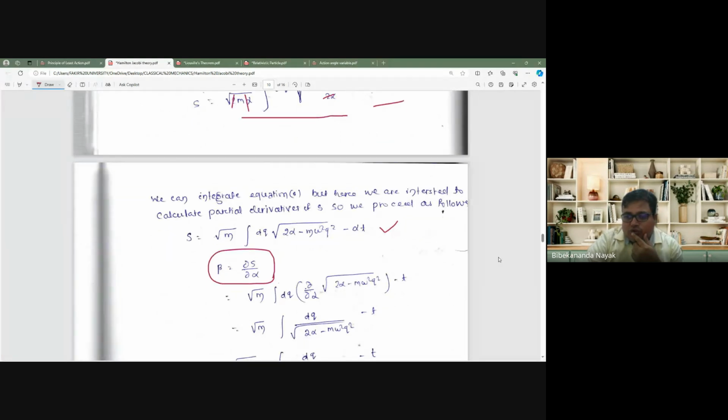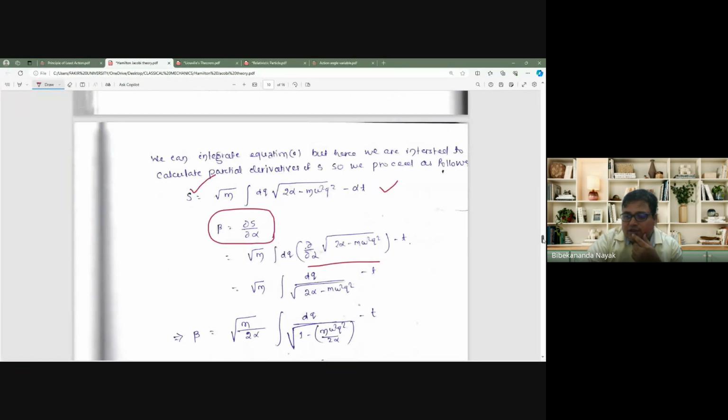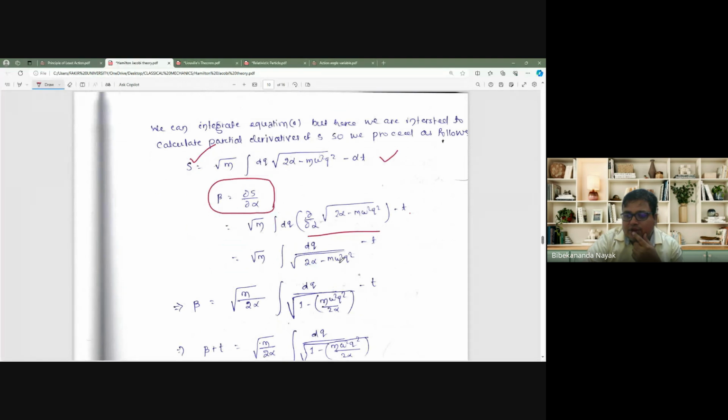So root m dq. If I take its derivative with respect to alpha, beta is equal to how much? Del s by del alpha: take its derivative with respect to alpha. This term will be the derivative with respect to alpha, minus t. If you take its derivative, it will be dq by 2 alpha m minus m omega square q square, half into 2 cancels, so this one minus t.